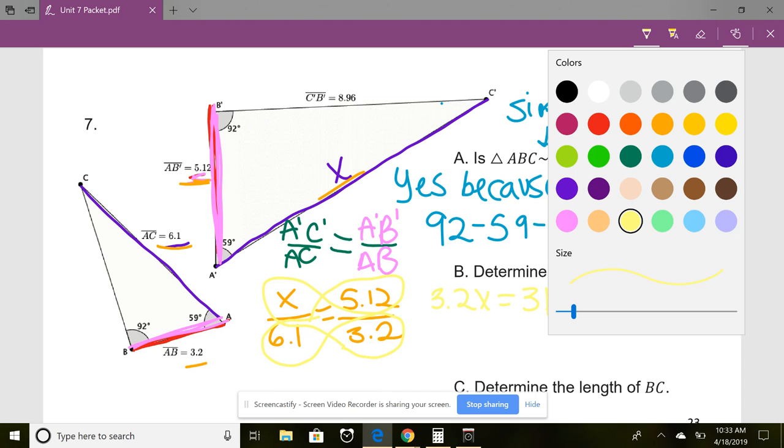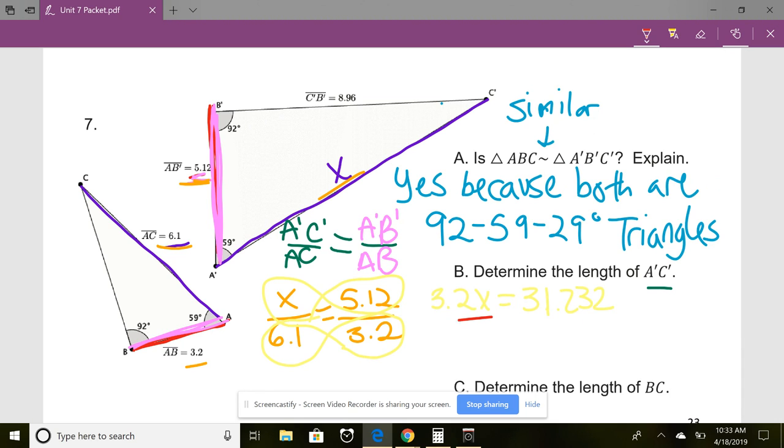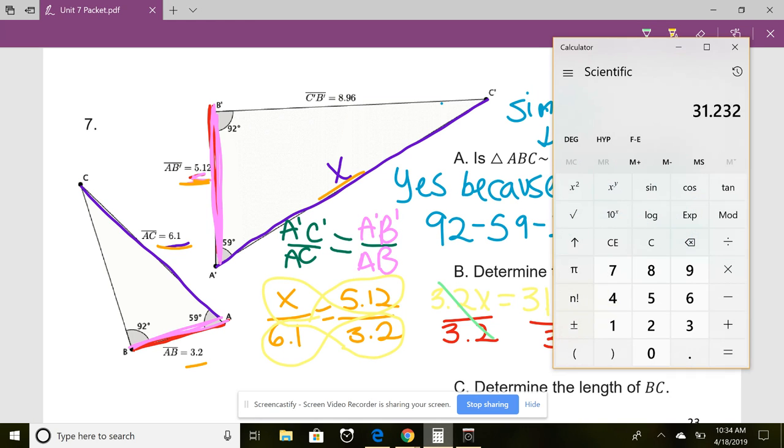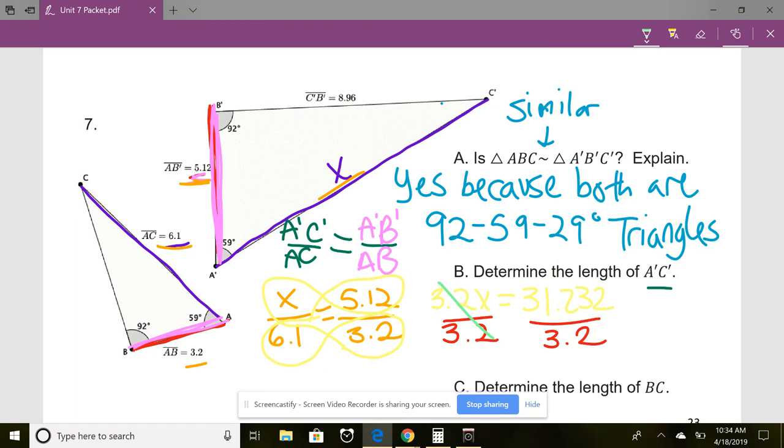To solve for x, we divide both sides by 3.2. Now I'll cancel these out, and you get 9.76. So that is the length of side A prime, C prime.